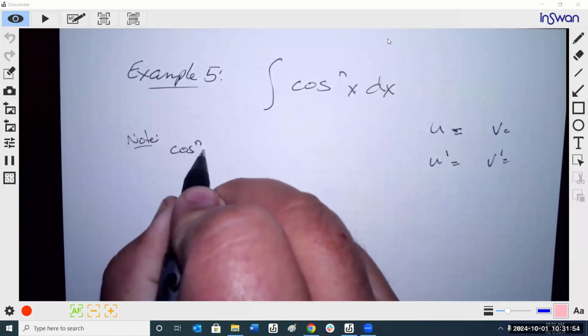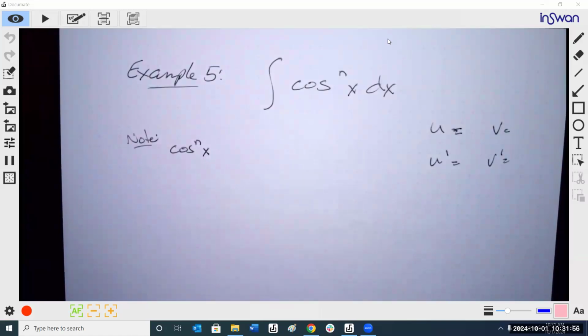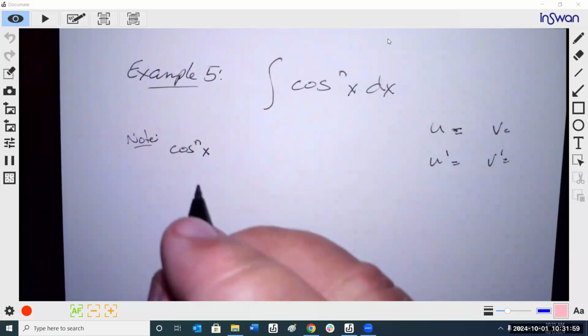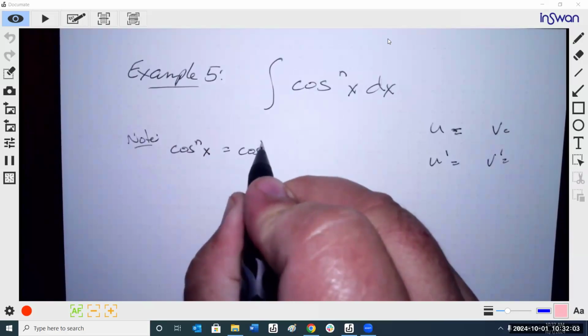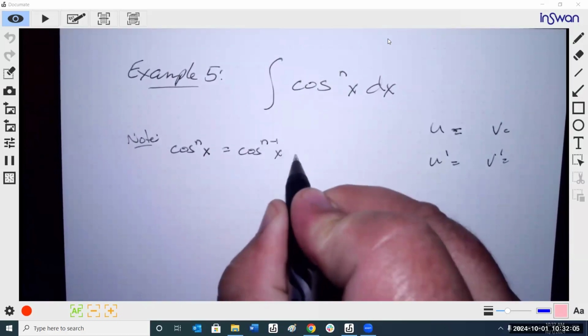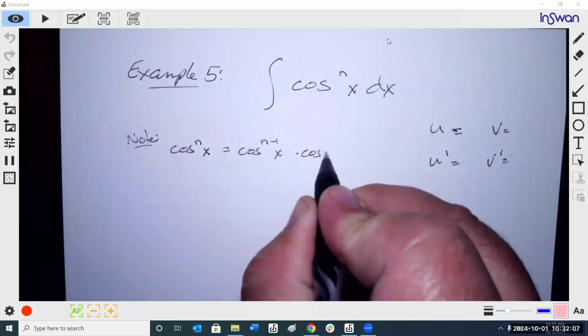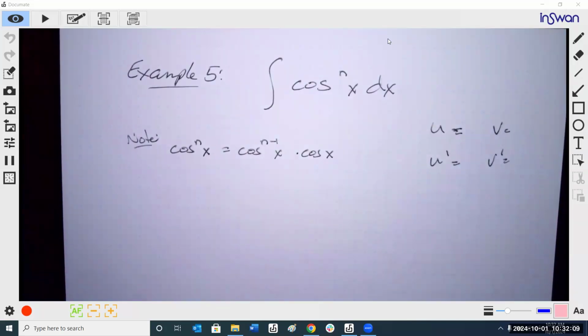Cosine of any power n can be broken down into two parts: cosine n minus 1 of x times cosine x. We could break it down into our u and v parts.